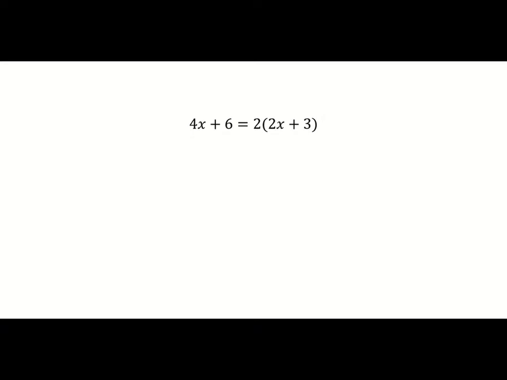So our first example is 4x plus 6 equals 2 times the quantity 2x plus 3. We're going to solve these equations like we would solve a normal equation. On the left-hand side, 4x plus 6, there's nothing we can do yet, so we're just going to drop down 4x plus 6. To start this problem, on the right-hand side, we want to get rid of the parentheses by distributing the 2.